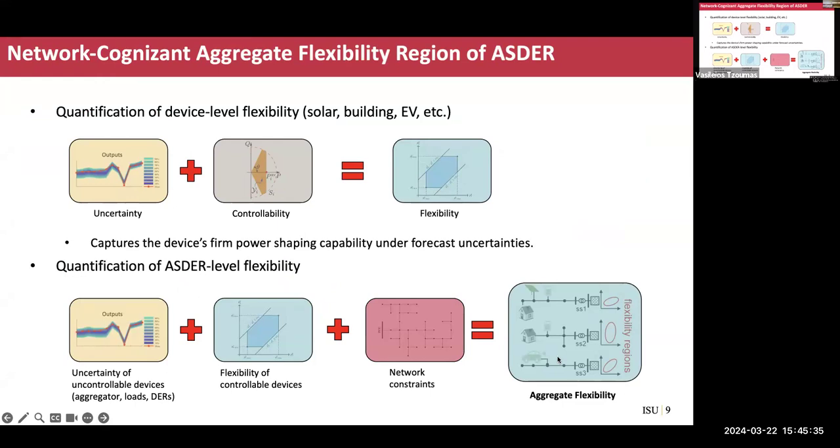What we want to quantify in this work is the flexibility at the aggregated asset level. We have the uncertainty of uncontrollable devices, the flexibility of each controllable load or controllable device, and the network constraints. How do we combine them all together and come up with the aggregate flexibility? That's the problem we're trying to address here.